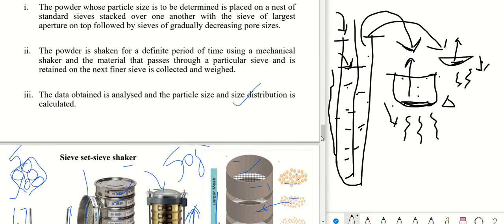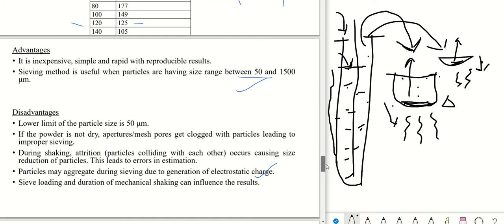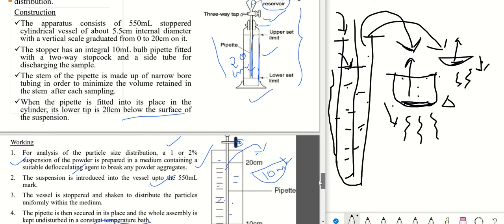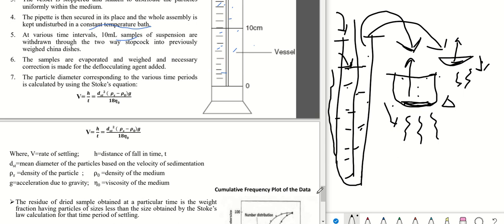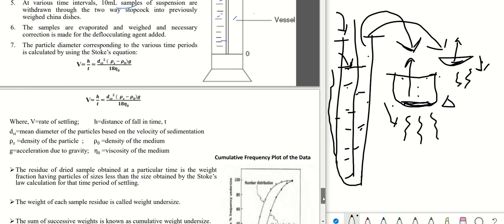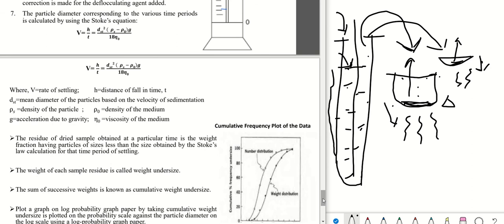We already have the Stokes equation. Rate of sedimentation is equal to sediment height by time.